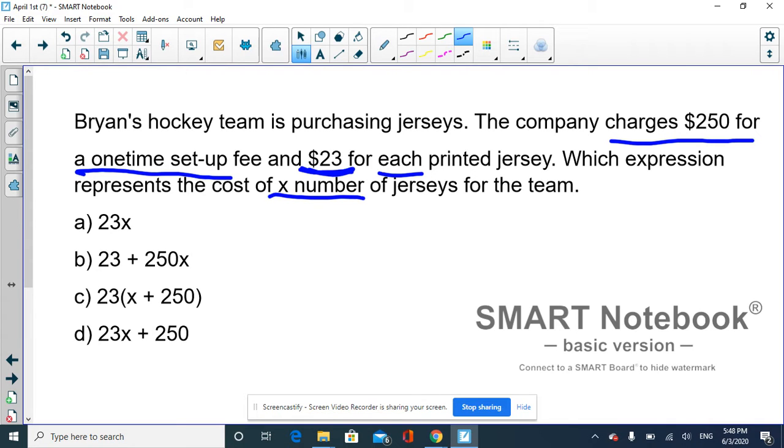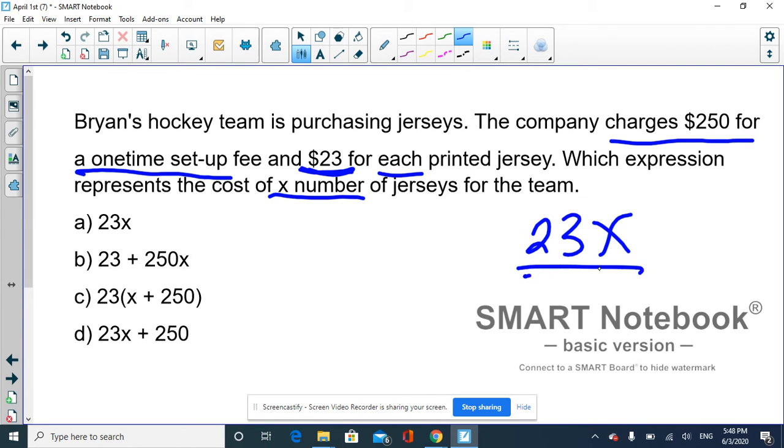That means if they buy one, they will pay 23. If they buy two, it will be 23 times two. If they buy five, they will pay 23 times five, and so on. That means for x number, they will pay 23x.